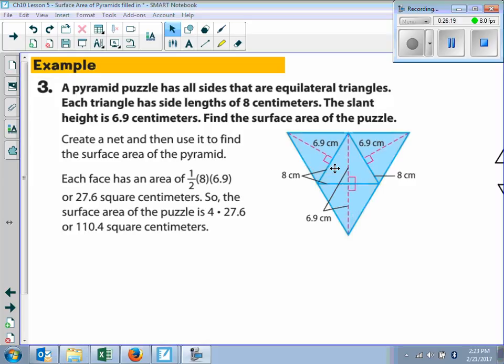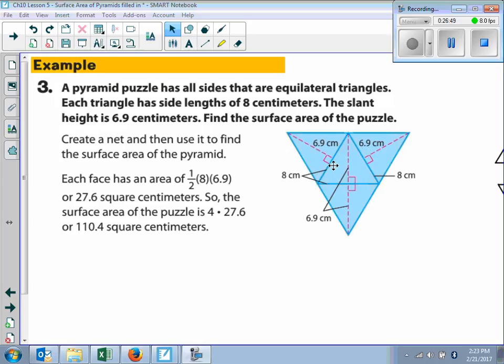So we can find the area of the base, which would be the base, 8, times the height, 6.9, divided by 2, or times 1/2. Actually, if we look at this, they all have a base of 8. They all have a slant height of 6.9.